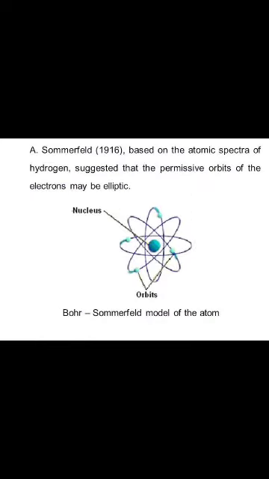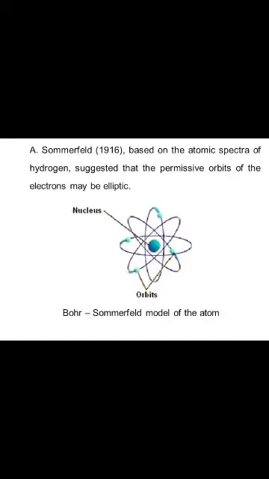So in 1915, Sommerfeld proposed that the general shape of an electron's orbit was elliptical. According to Bohr, the electron revolves around the nucleus in a circular orbit, but according to Sommerfeld, the shape of an electron's orbit was elliptical.